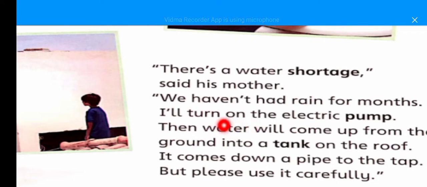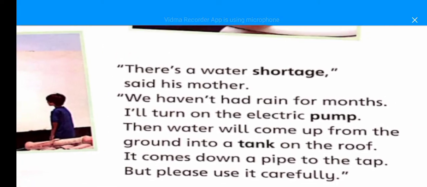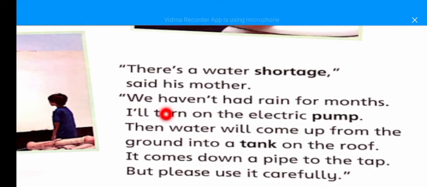Like always, mothers provide help for your problems, and she is telling him that now she is going to turn on the electric pump which we all have in our homes. She says, now I will turn on the electric pump and the water will come up into our water tank that is made on our roof.